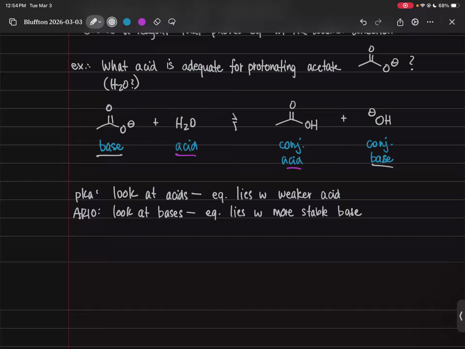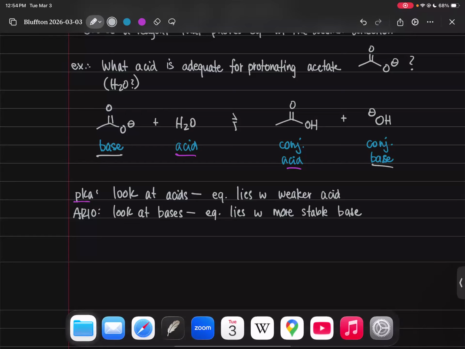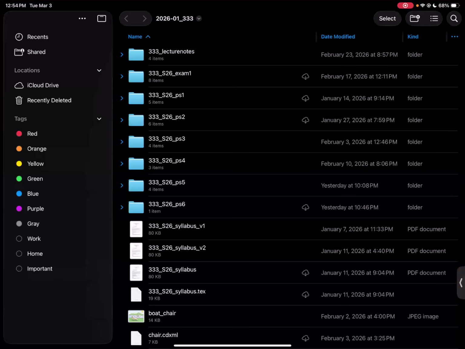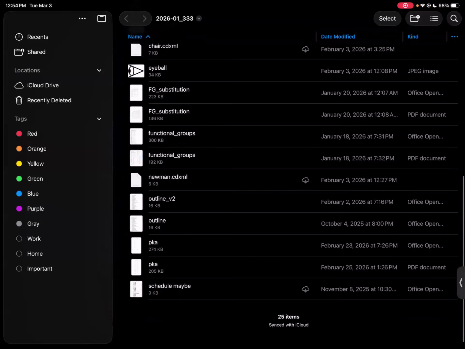Okay, we're going to get the same answer, but let's look at pKa first. If we go to the pKa table, we can look up the pKa's of water and acetic acid.